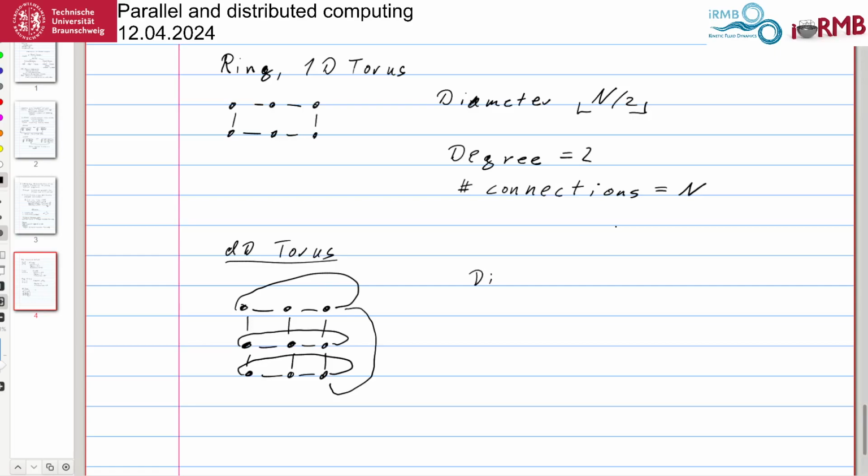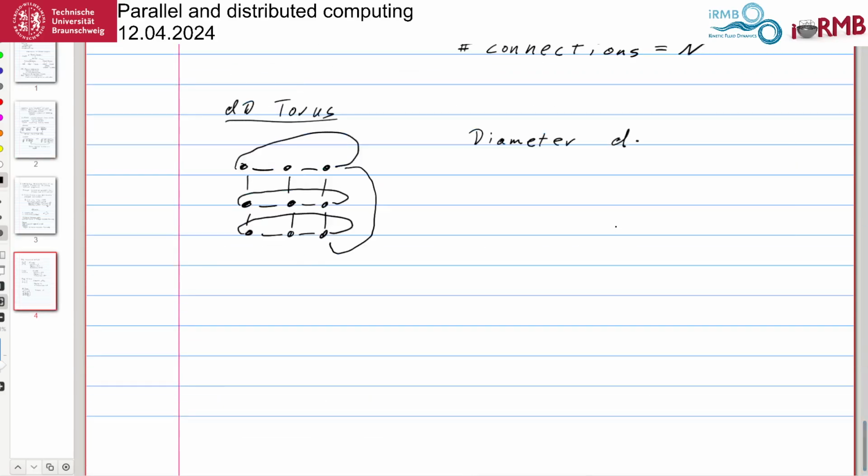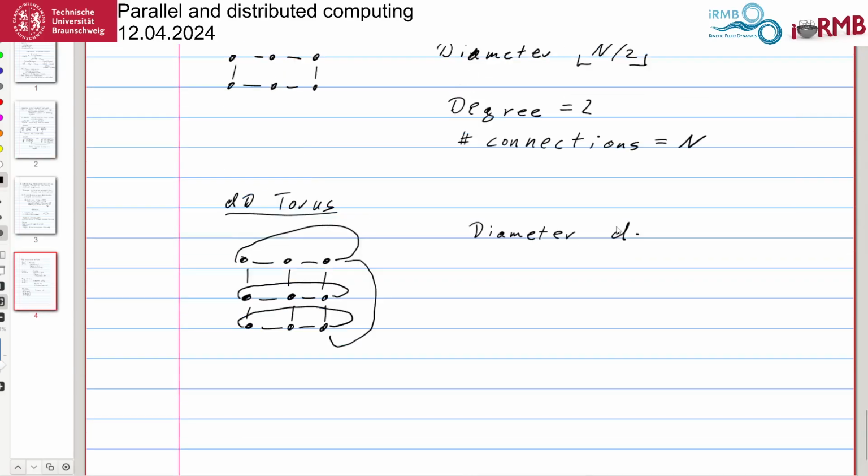The diameter of this thing would be the number of dimensions times n by the dimensional root, if you will.